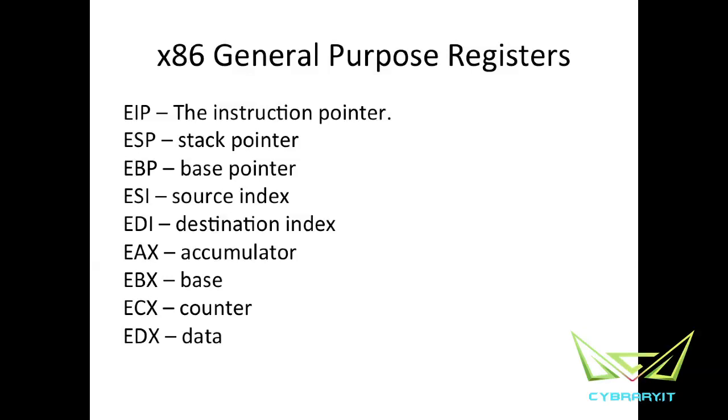And again, there will be an exercise that uses ESI, and we'll see the other ones as we look at memory and look at what's in the registers, but really the only three that are very important to us, and we need to know what they do, are those top three: EIP, ESP, and EBP.